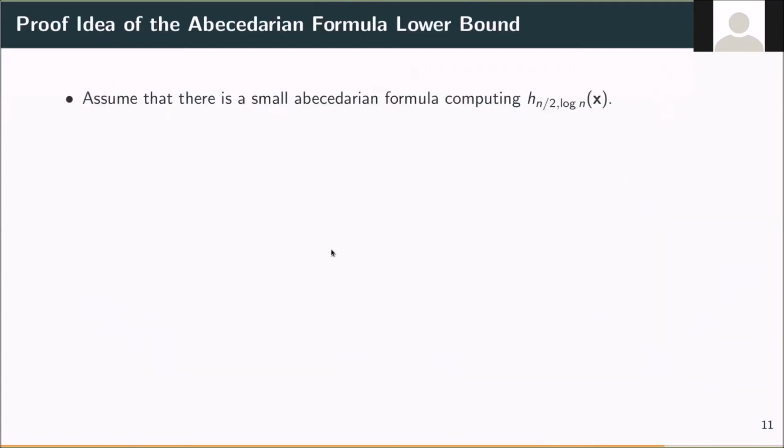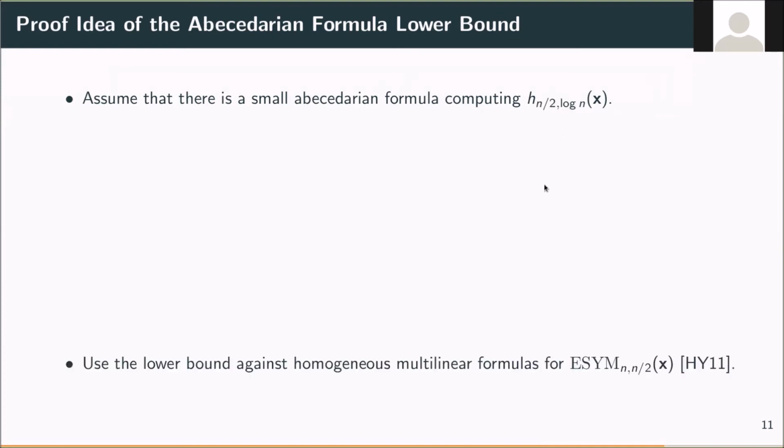The most non-trivial part of this paper is the abecedarian formula lower bound. Okay, we will now go over the proof idea for that. The proof is by contradiction. We assume that we have been given a small abecedarian formula computing our hard polynomial, which we denote by h, over n by 2 variables of degree log n, because we'll look at the n by 2 variate version of degree log n.